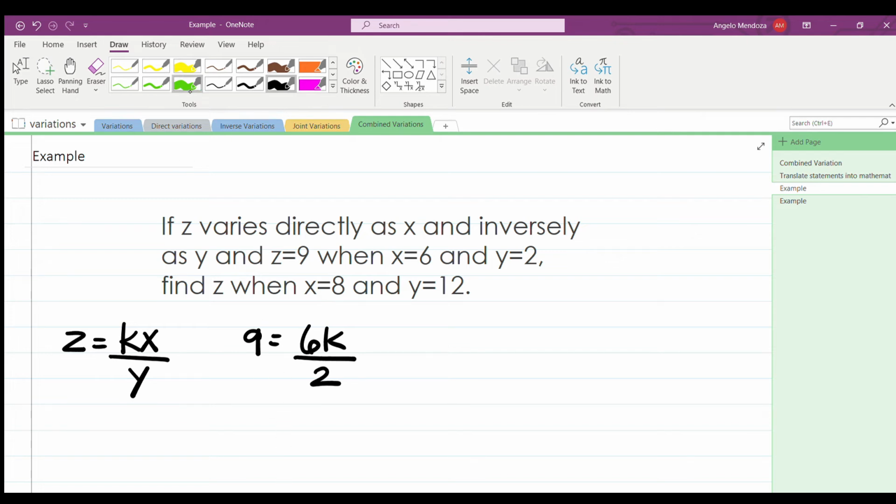What we're going to do here is cross multiply the whole number 9 with the denominator 2 to obtain 18 is equal to 6K. So we're going to solve for K here. So K is equal to 3.